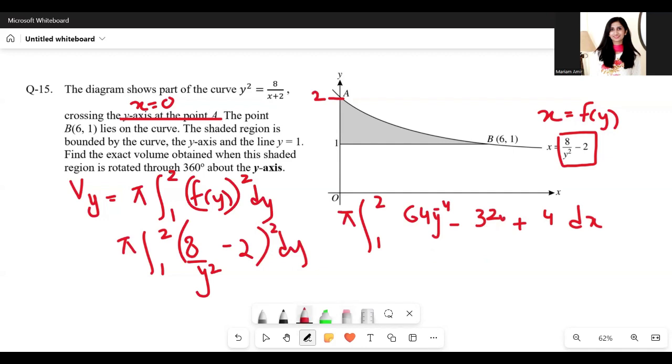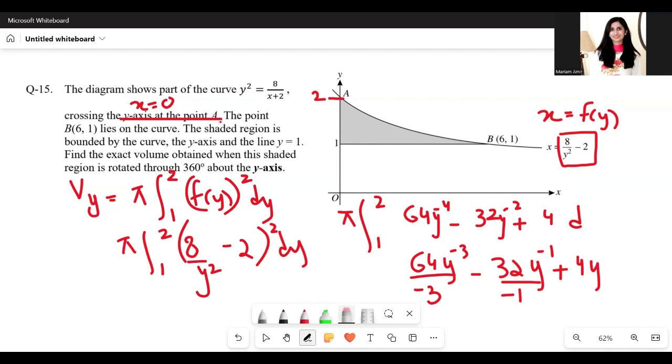Now we integrate. It's going to be 64 y, where the power gets added by 1. So minus 4 plus 1 is minus 3 upon minus 3. Minus 32, the power again gets added by 1, so minus 2 plus 1 is minus 1 upon minus 1, plus the constant just becomes 4y.